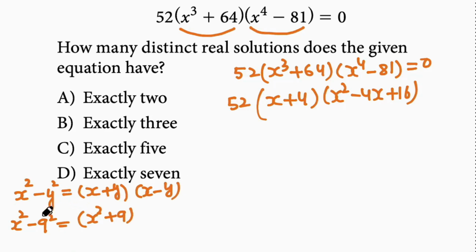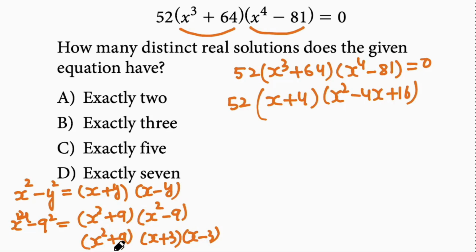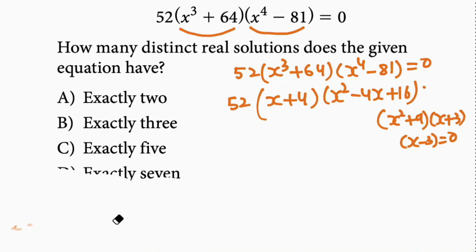Because here we have x to the 4 minus 9 squared. Now again I can see x squared minus 9 as x plus 3 and x minus 3. So the three factors are x squared plus 9, x plus 3 and x minus 3. So the equation is 52 times these factors equal to 0. Now we have done the factorization part.